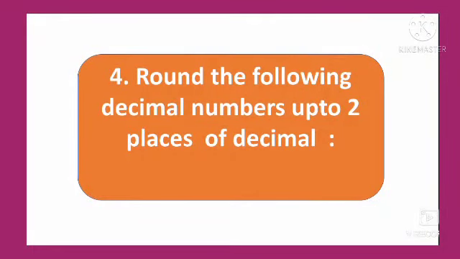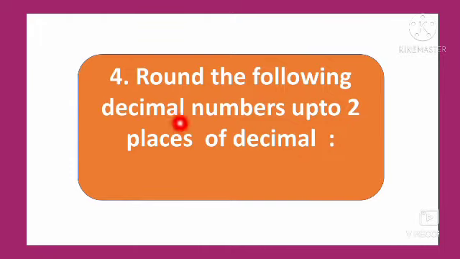Fourth problem. Round the following decimal numbers up to 2 places of decimal. Children, listen carefully. Up to 1 place of decimal means round to the nearest tenth.